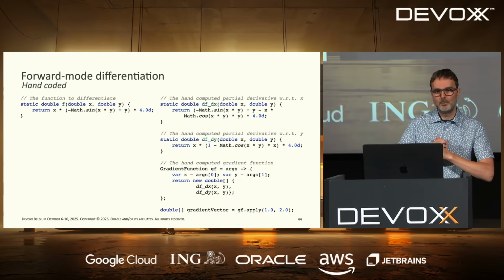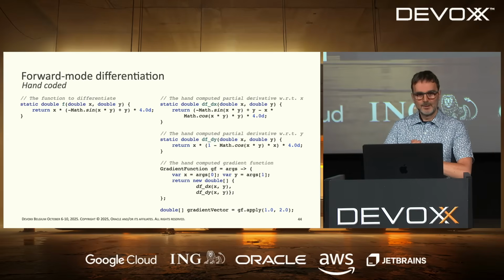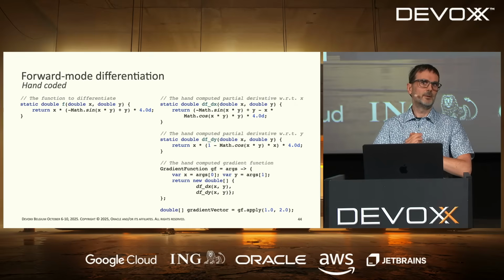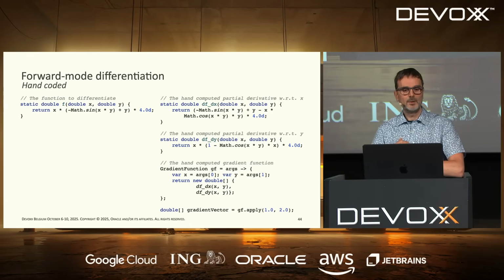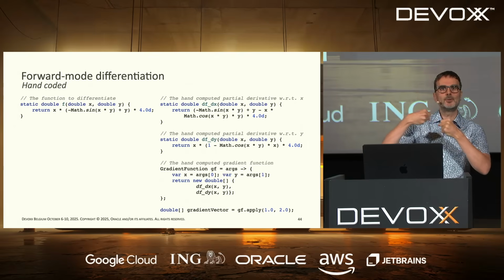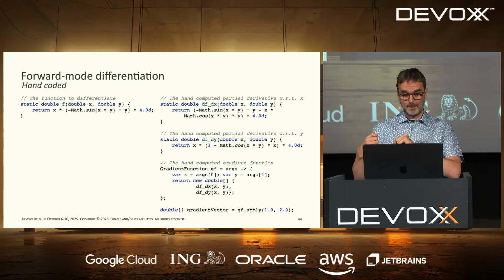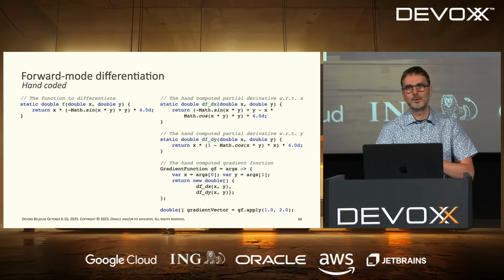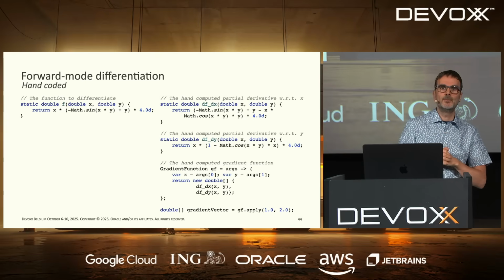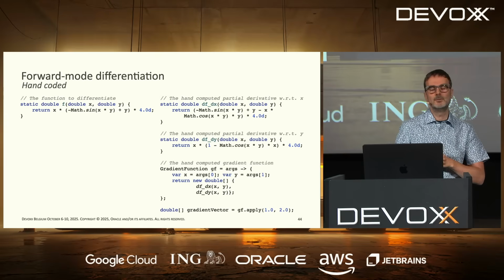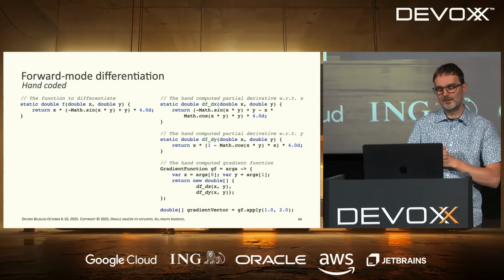So here's a quick example. Say I have a function to differentiate on the left, a simple mathematical function, and I want to produce the partial derivatives of that, and compose them into a gradient function. And I'm going to do forward mode differentiation because I'm not smart enough to do reverse mode differentiation, and I can't fit it on a slide anyway.